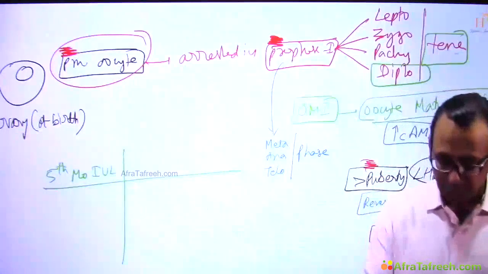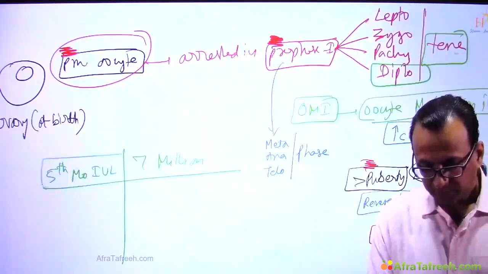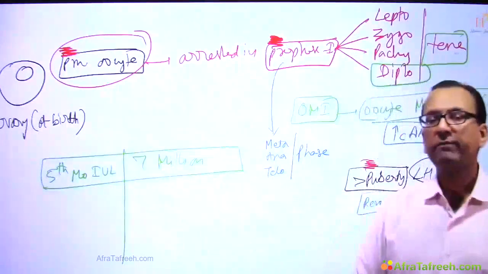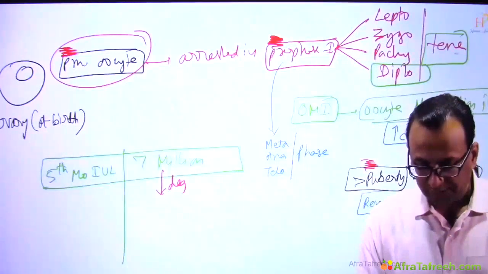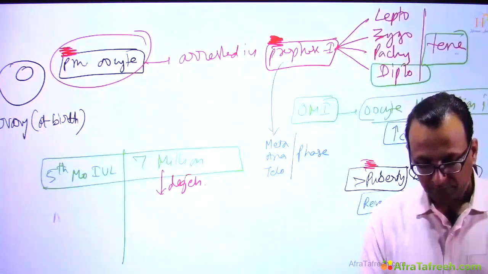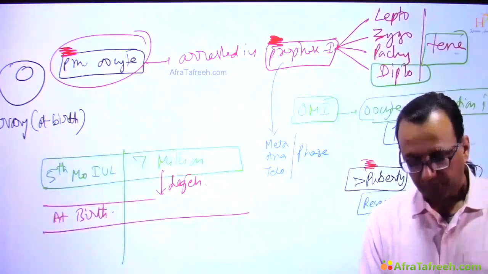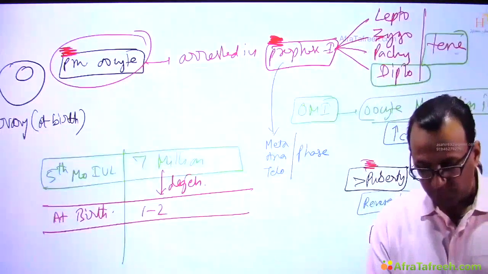Maximum means around 7 million. So there are 7 million primary oocytes in the 5th month of intrauterine life, but they were degenerating. Now, if they were degenerating, then how many are left at birth? At birth, we have around 1 to 2 million. So 1 to 2 million only.